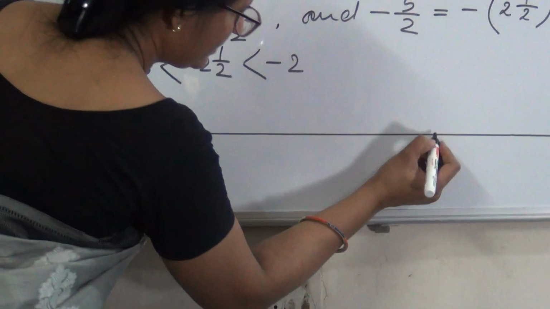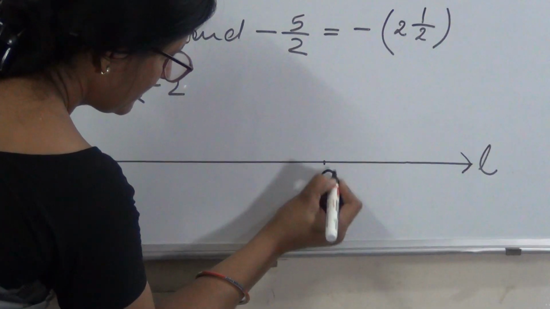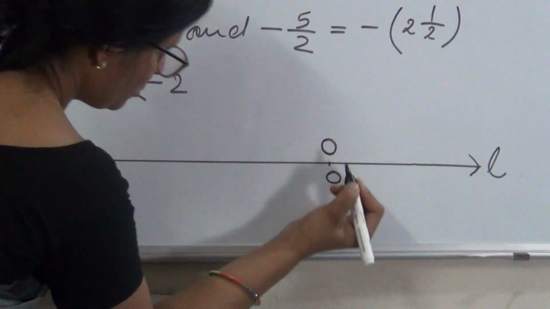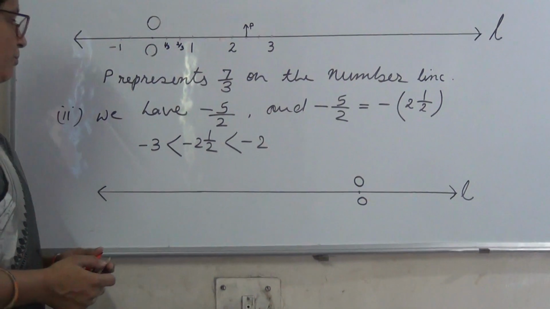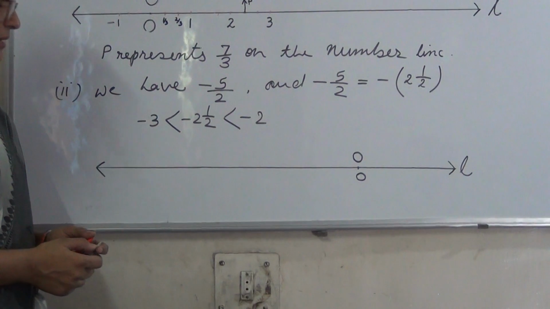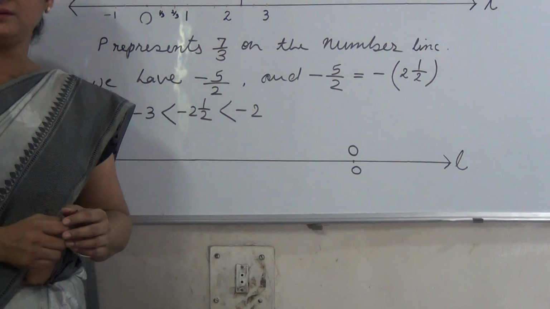So we have to take 0 on the right side. This point we name as O. So again, using the compass, we need to mark -2 and -3. But before that, we have to see that the denominator is 2.